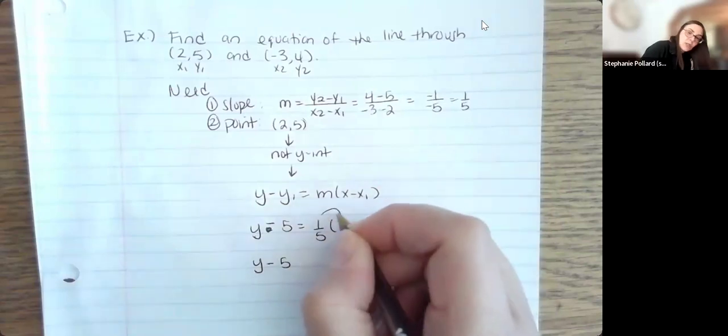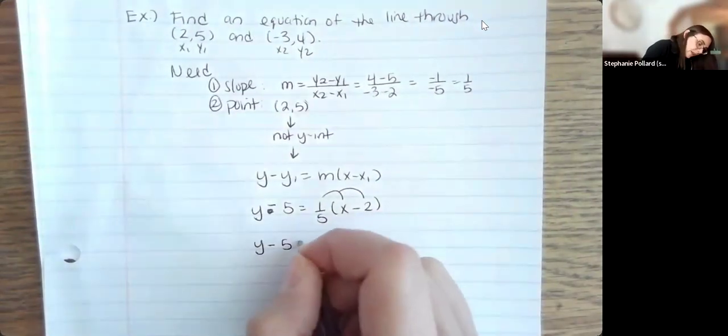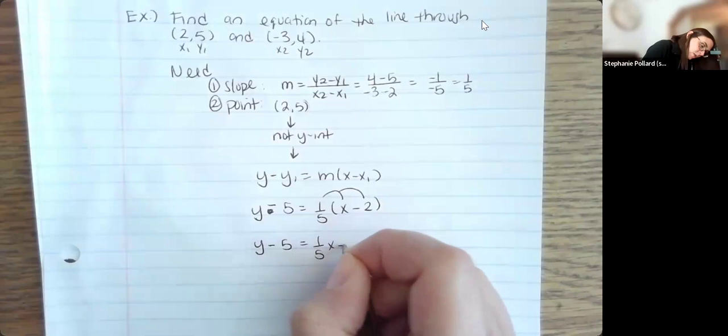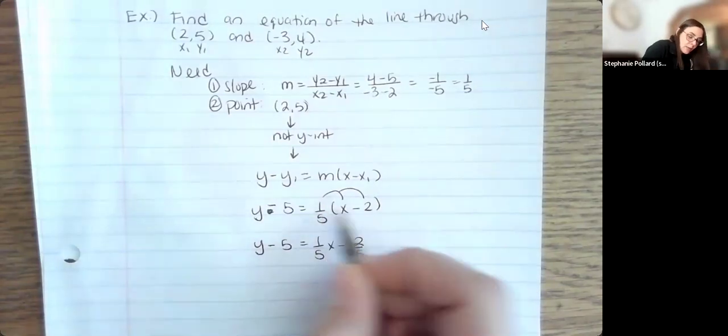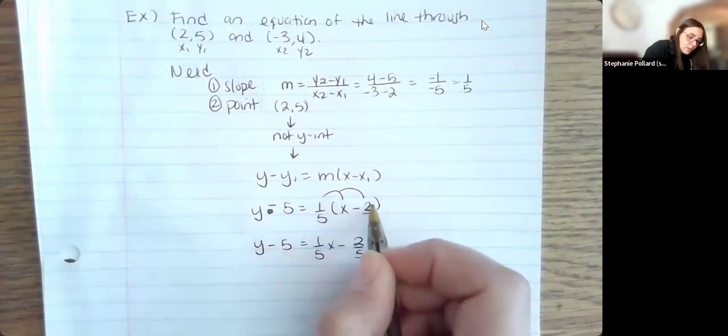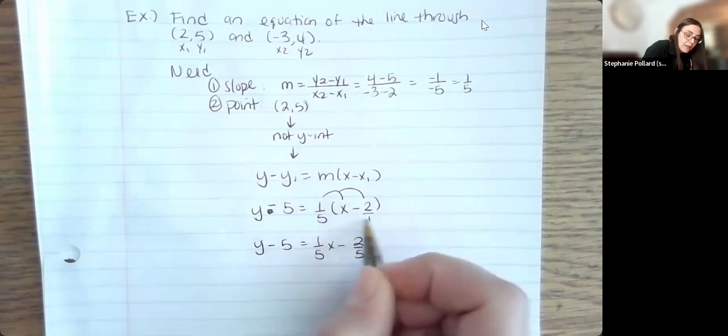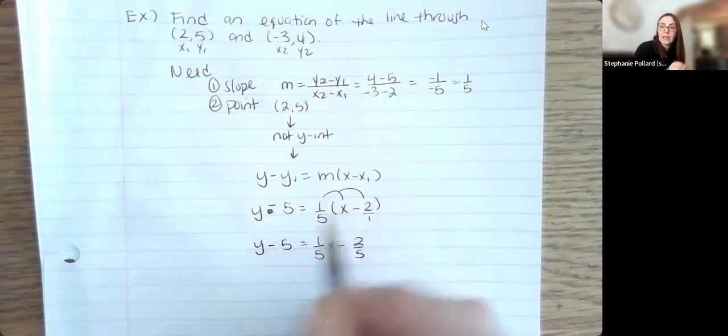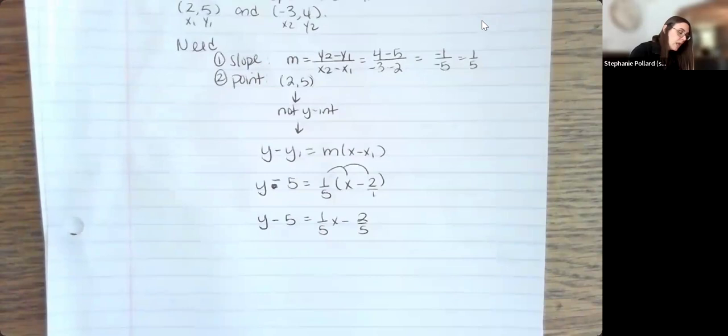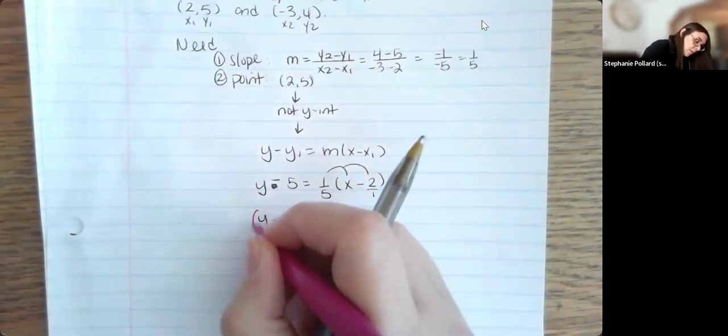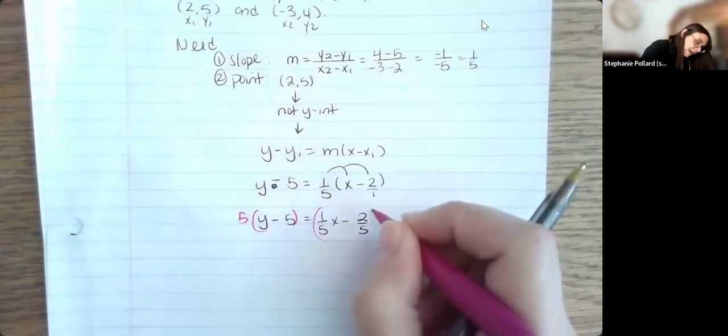I am going to distribute this through first. So I end up with 1/5 x minus 2/5. Now, don't forget when you multiply across, 1 times 2 is 2, and 5 times 1 is 5. You're not multiplying the 5 diagonally or anything like that. Now, I don't really like fractions, so at this point, I am going to cancel everything out by multiplying both sides by 5.